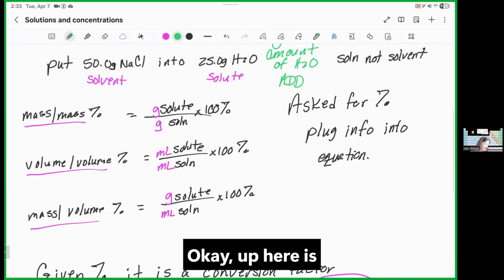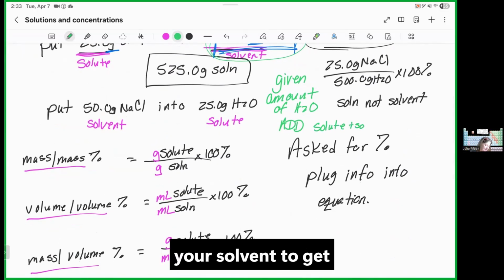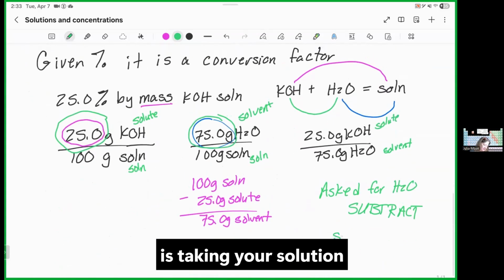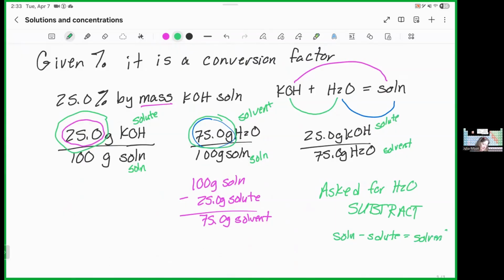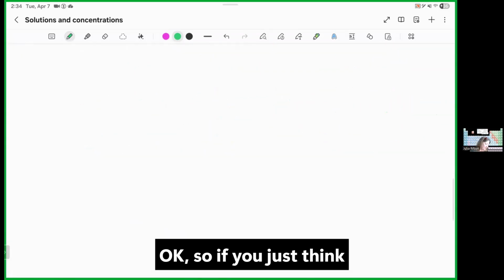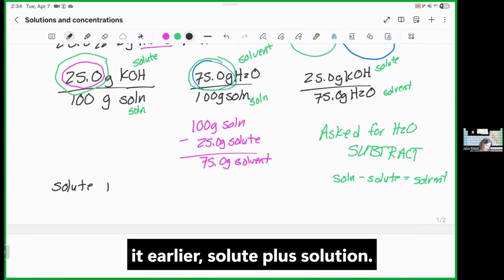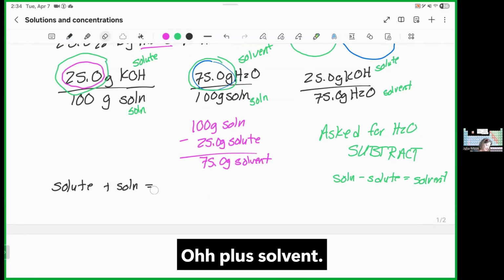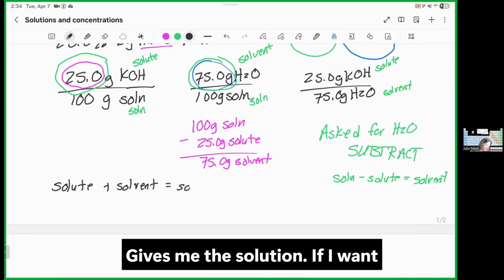Okay, up here is adding your solute plus your solvent to get the solution. Down here is taking your solution minus your solute to get your solvent. So if you just think about that, like I had written it earlier, solute plus solvent gives me the solution.